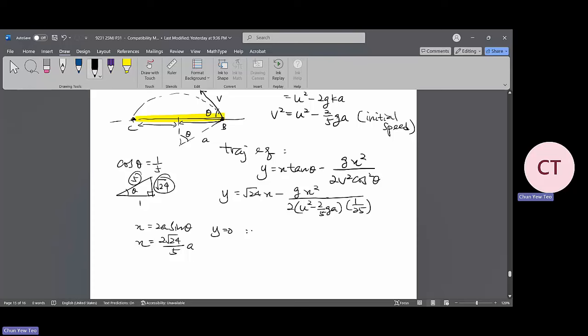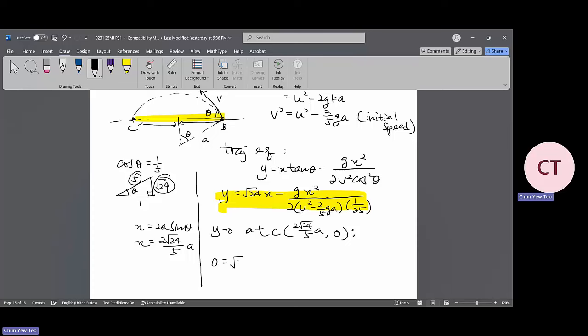So at C, your x is 2 root 24 over 5 a, and your y is 0. So you use these equations and replace y with 0.